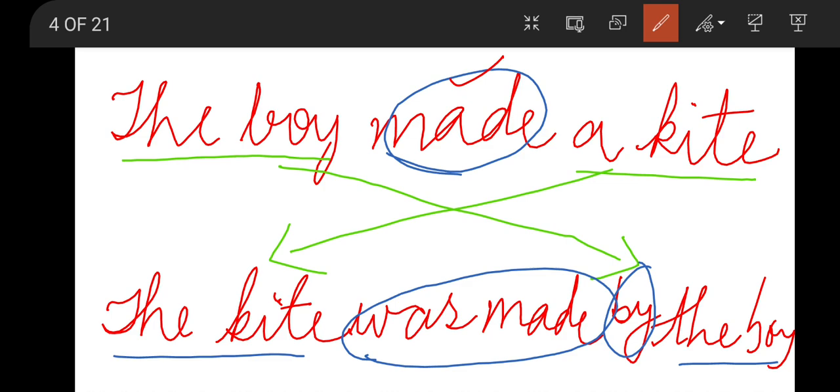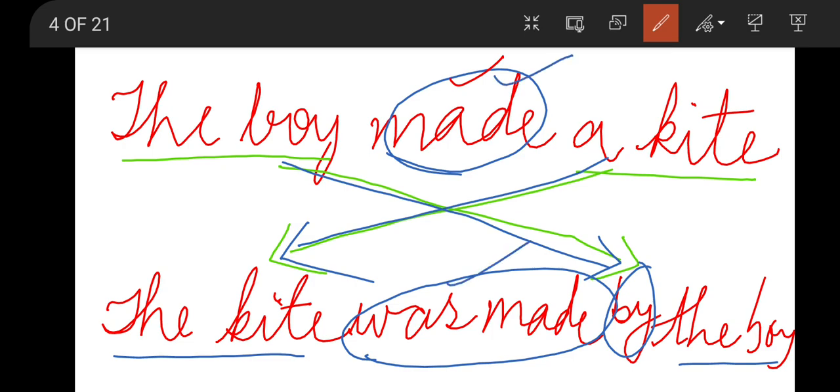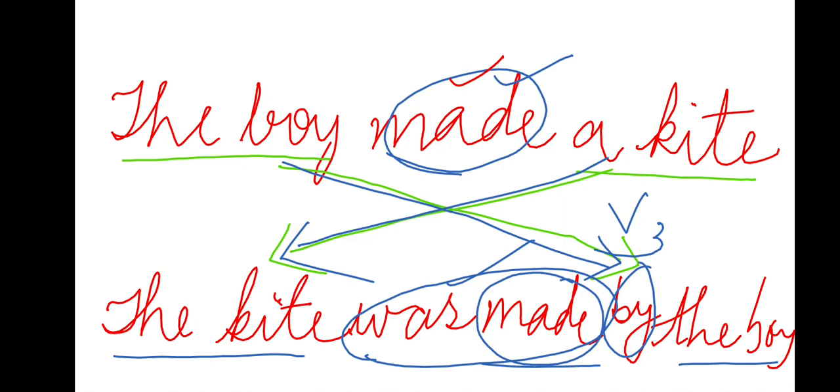I hope the thing is clear. Subject gets changed to object, object gets changed to subject. In my verb, the tense remains the same. For the verb part, we have to remember that we have to use the past participle or third form of the verb. Then only my passive voice is going to be correct. So this is just the easiest way to do it.